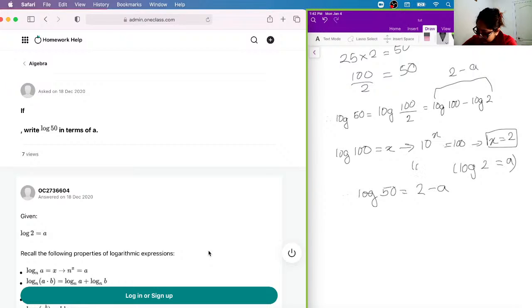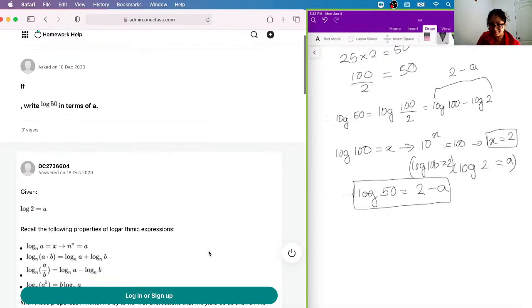Right? Since we just proved that log of 100 is equal to 2, and log base 10 of 2 is equal to a, which is already given. This is your answer.